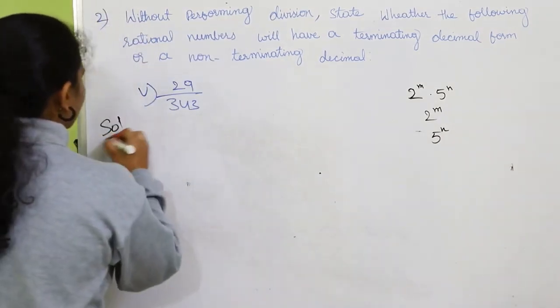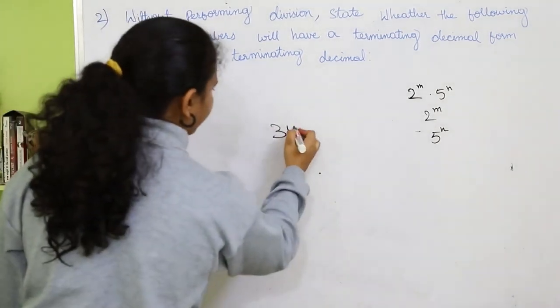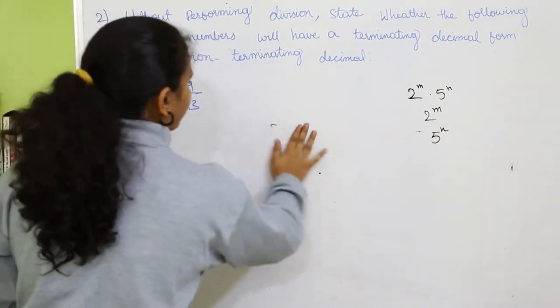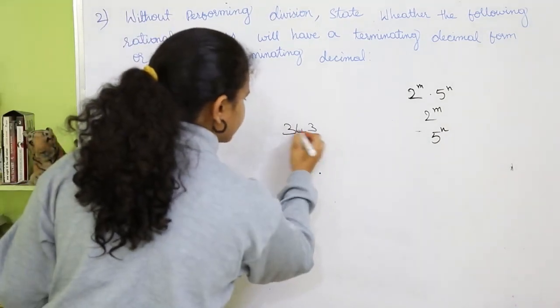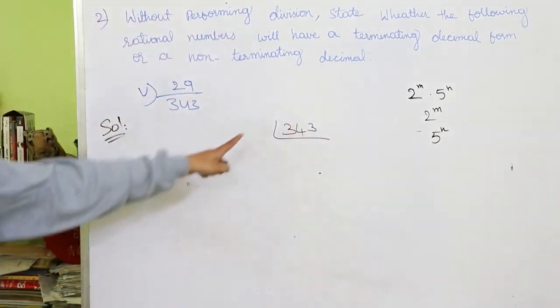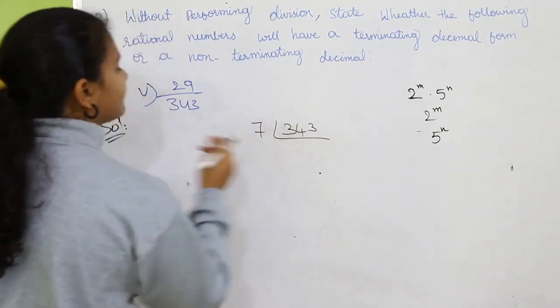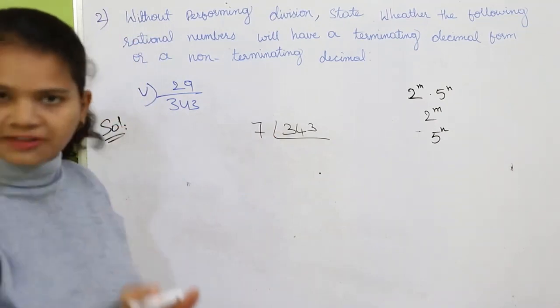Now go for this LCM, where 343. If you take LCM for 343, this becomes 7. Go for the 7 table, where 7 cube is 343, right? 7 into 7 into 7. 7 cube is 343, we know.